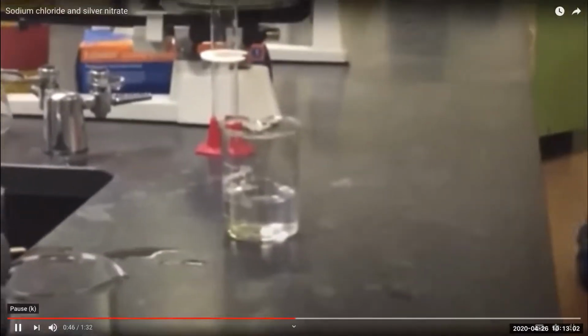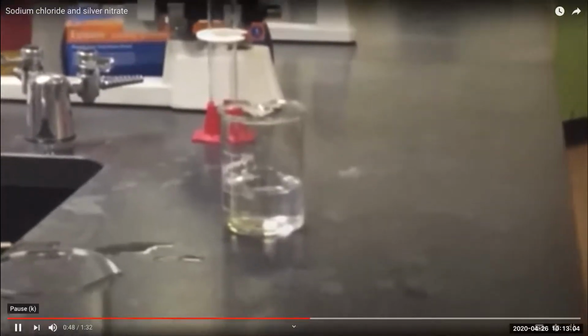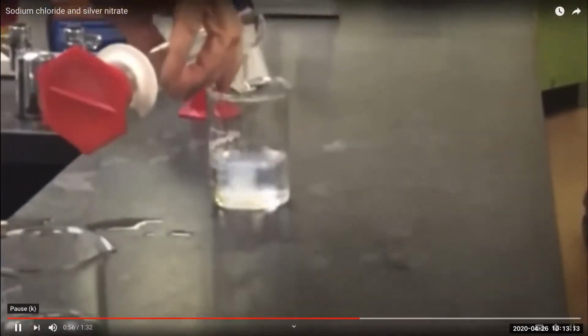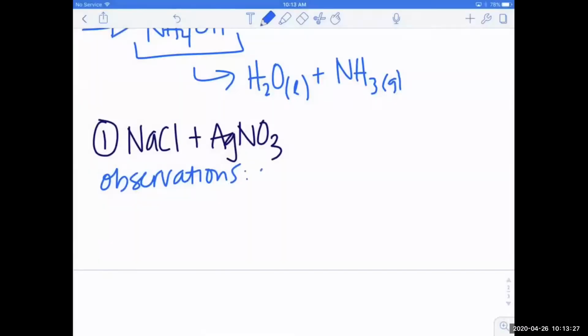You can hear it being poured. And there we go. You can see here that a white cloudy precipitate has formed. So for our observations, we'll go ahead and write white cloudy precipitate.